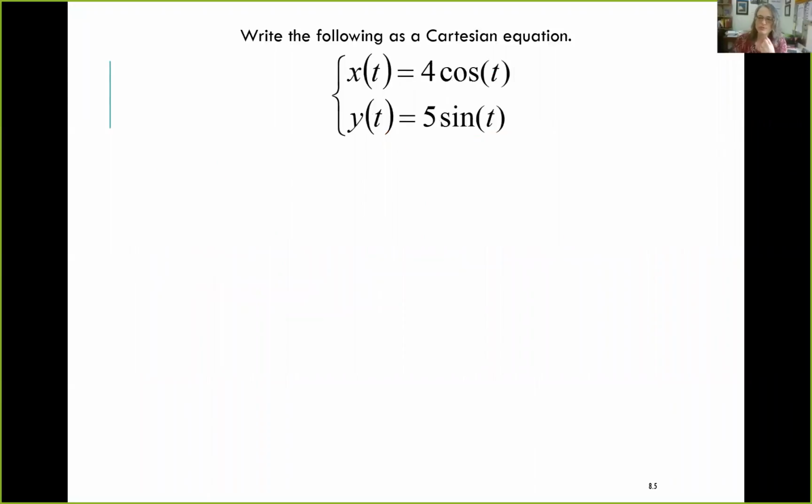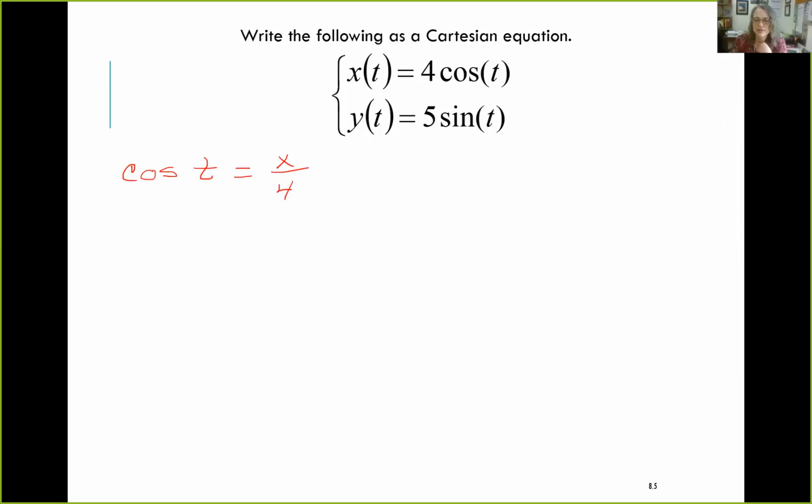One more example. We're going to write this as a Cartesian equation. First thing I'm going to do is solve the first equation for cosine t. Isolate my cosine. And then I'm going to isolate my sine.